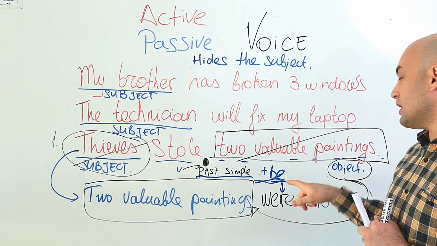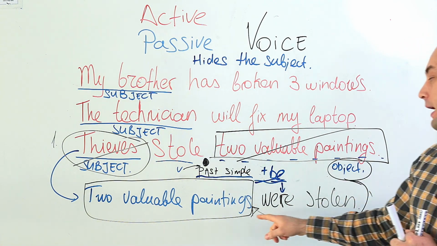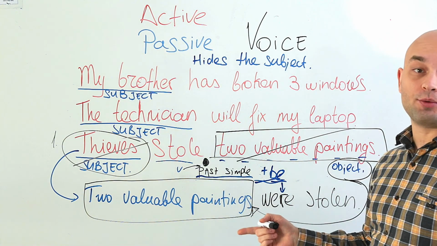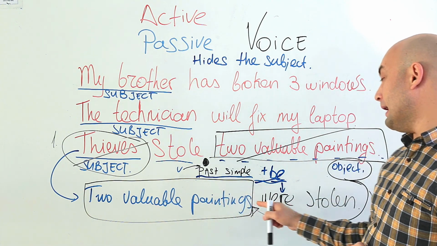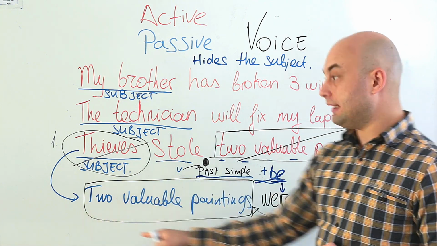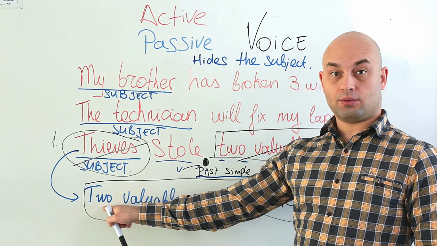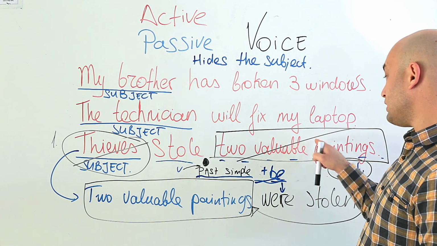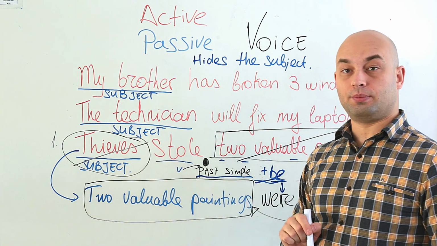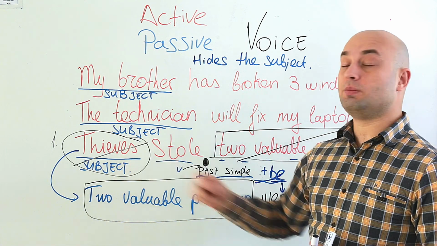So I insert this verb be in past simple, and of course now this is my new subject, the 2 valuable paintings. You see there's 2 of them, so I cannot say "was." I need to say "were," because there's not 1, there's 2. You see what happened? The object was in plural, the subject was in plural as well. So it doesn't make a difference, but it could be different.